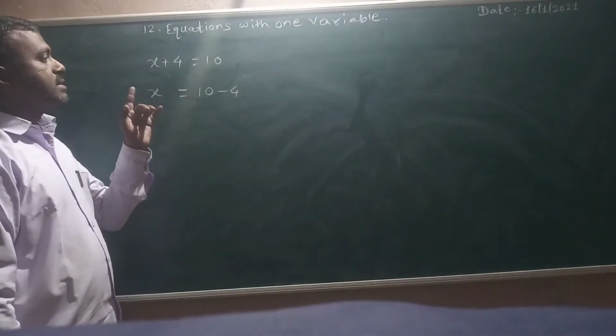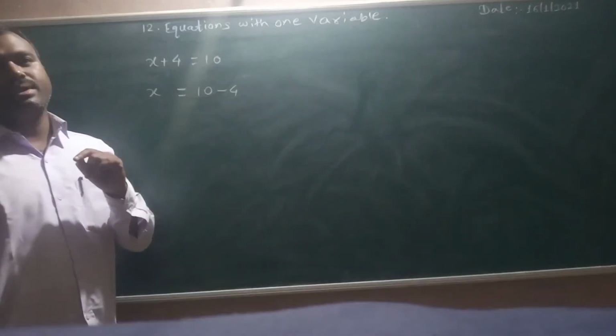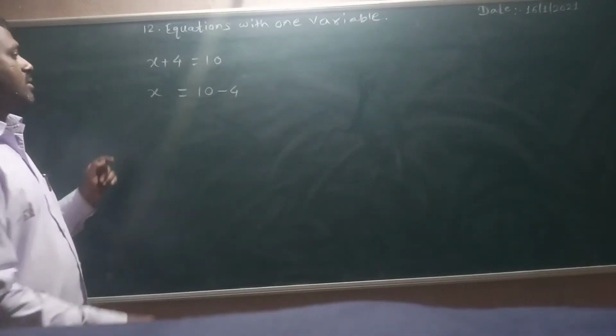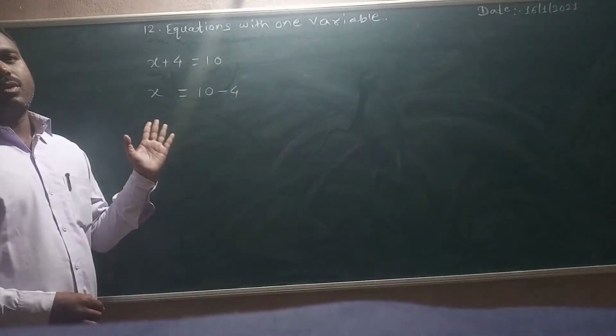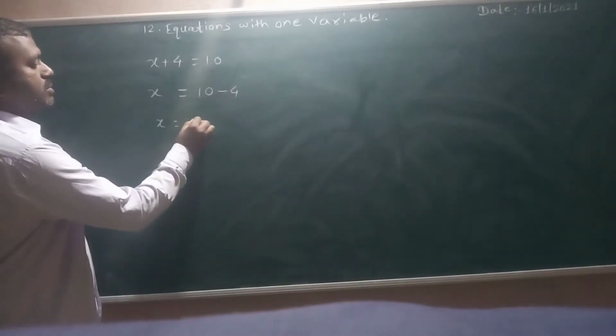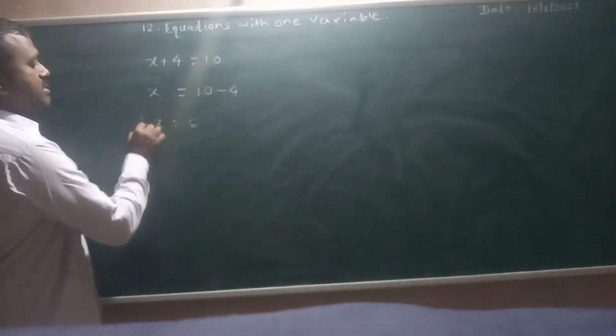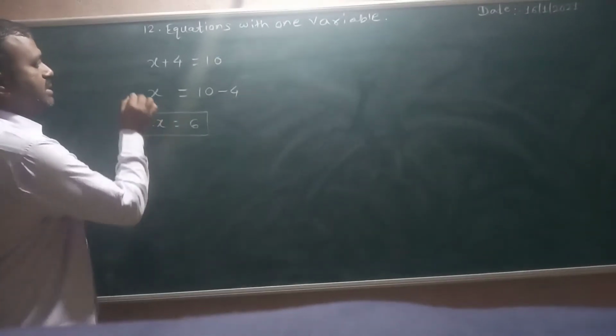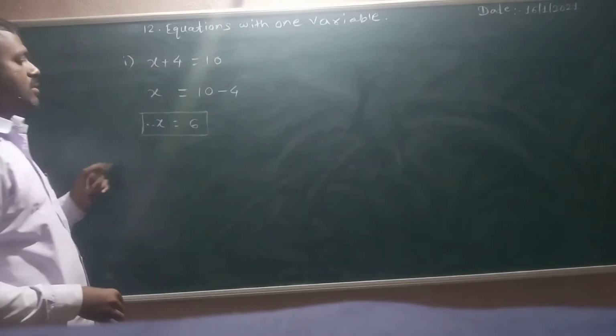In the 6th standard we learnt about equalities in operations. Therefore x is equal to 10 minus 4, that is 6 is the answer. Therefore here we can calculate orally and also mathematically.